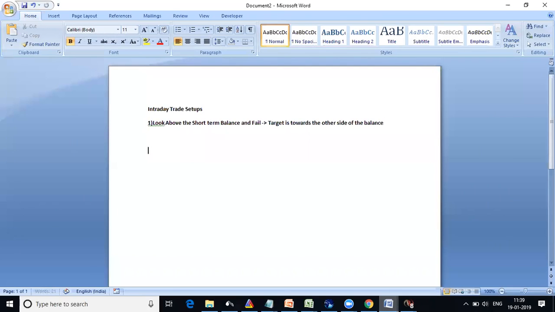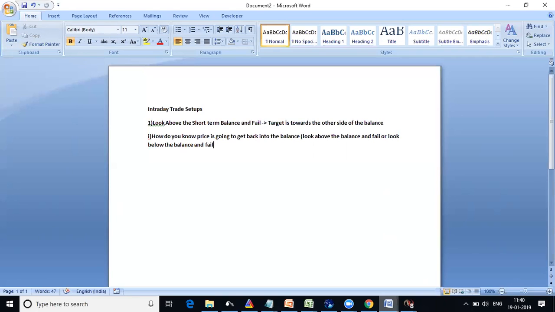Okay. So when you are looking into this, how do you analyze the setup? First of all, what knowledge do you have to know? How do you know price is going to get back into the balance? That is, look above the balance and fail, or look below the balance and fail.